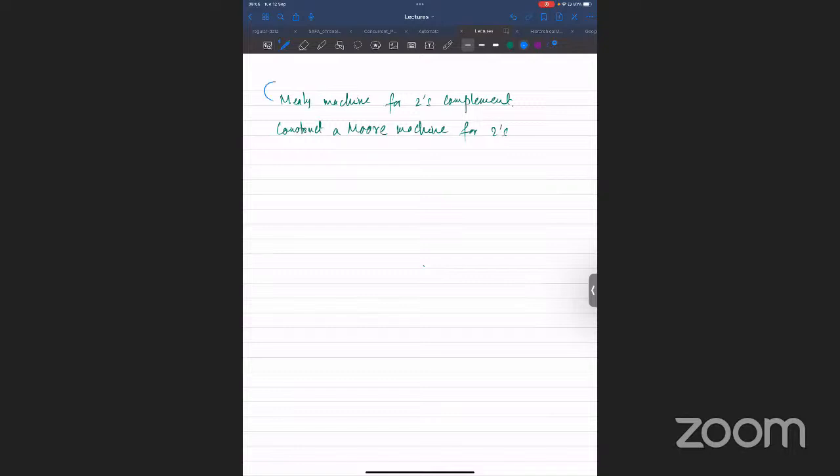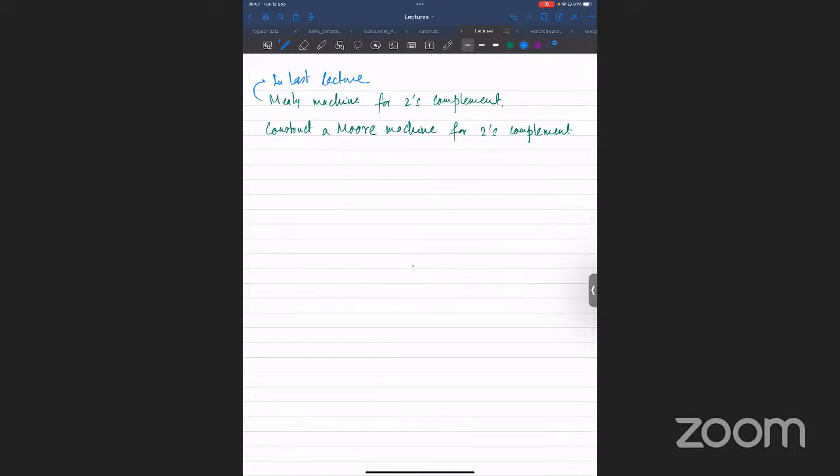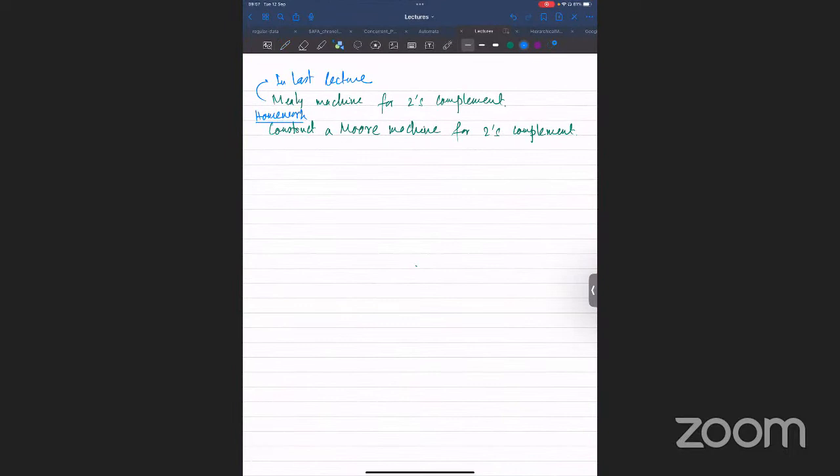We did this in the last lecture. Construct a Moore machine for 2's complement, right? Okay, so this is something you should try out again as a homework assignment. I mean, these things you should try to do yourself. Only then will you be a bit familiar. It's not very difficult, but unless you do it, you won't be familiar with these small tricks or techniques, right?